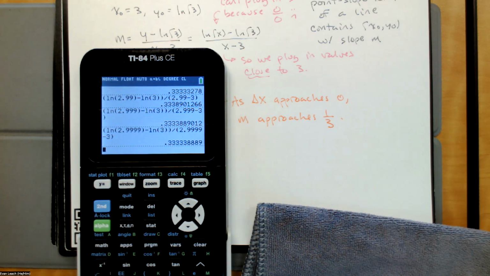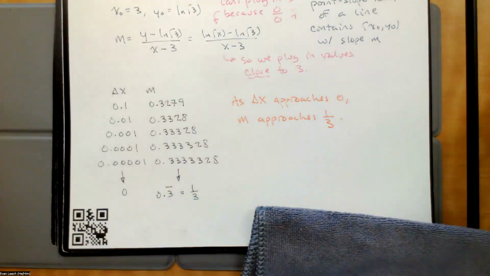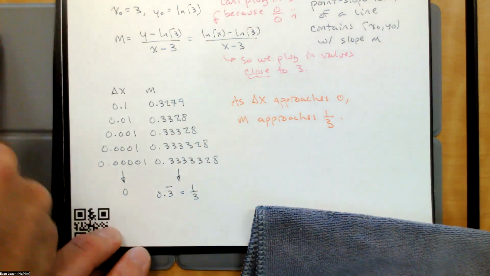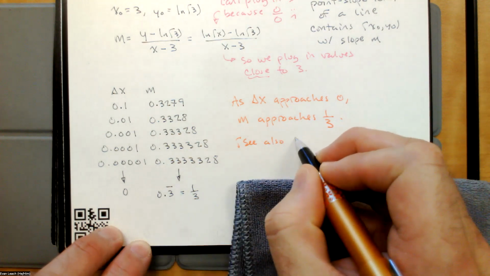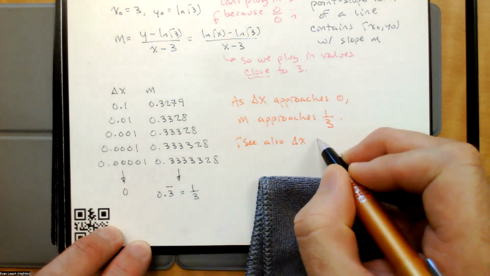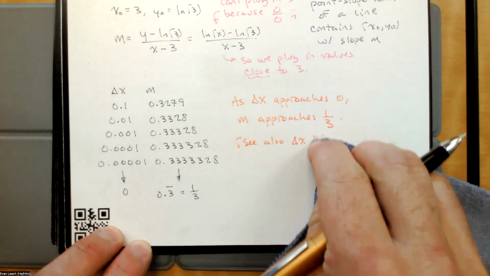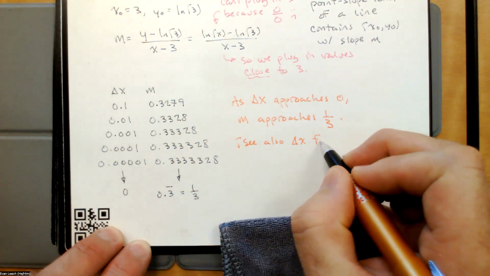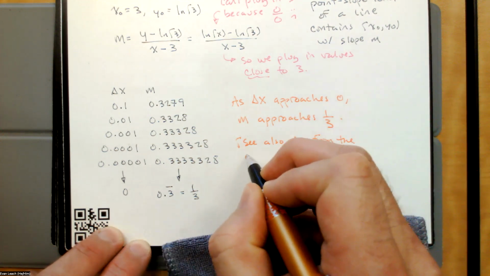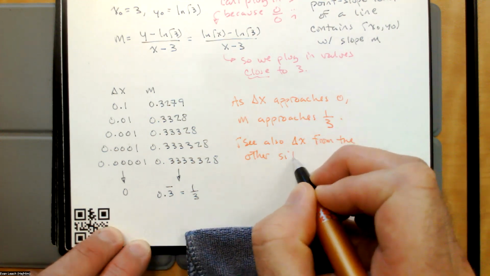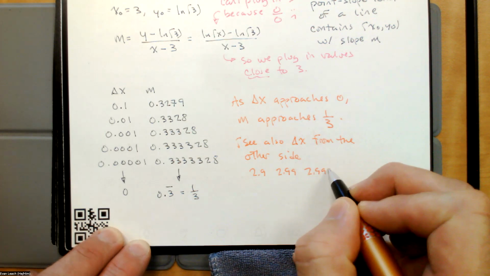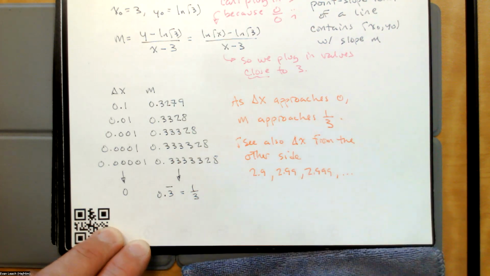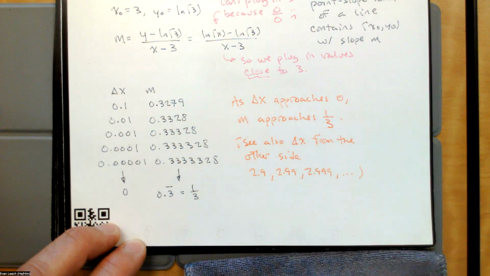So it looks like from the other side, we are also approaching 1/3. So we should consider this from both sides.